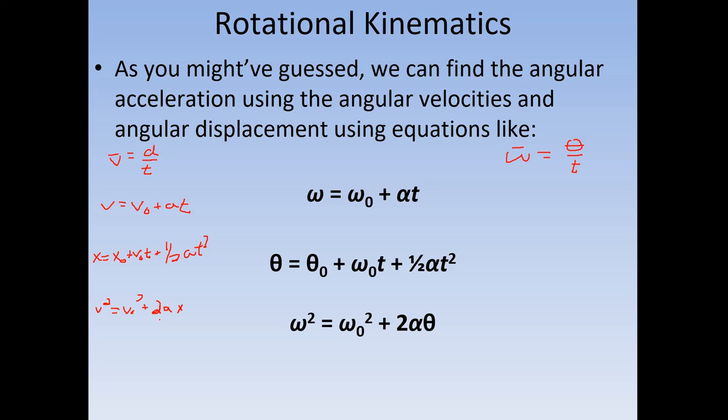So these three are actually on the reference table, but these equations are mirrored from the linear equations that we have. And this is going to be true for a lot of equations moving forward: the equations that we have for the angular motion can be mapped and taken from one of the linear equations that we have.